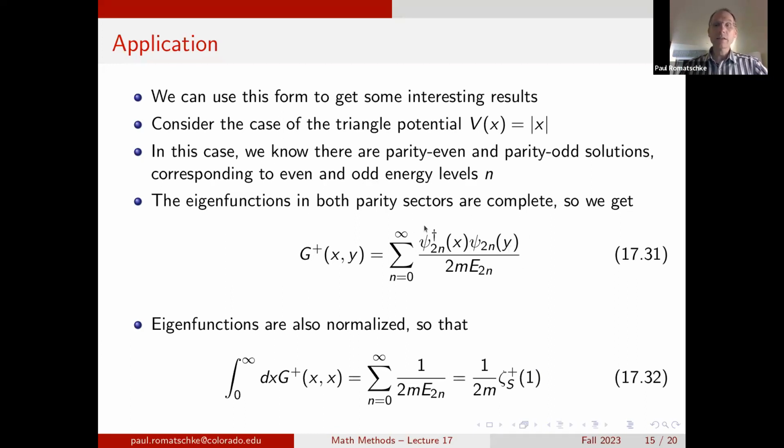If we integrate over x, we use the fact that the wave functions are normalized to find that this integral just gives us a 1 in the numerator. This integral over the Green's function is therefore the sum over 1 over 2m times the eigenvalues, and that is nothing else but 1 over 2m times the spectral zeta function in the parity even sector, the plus here, of argument 1, because the eigenvalues are taken to the power 1.